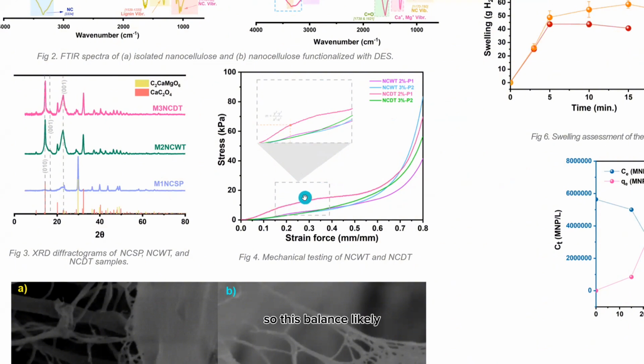So this balance likely comes from an optimal combination of increased crystallinity and the right amount of functionalizing agents. The foam at 2% shows a Young's modulus of 48.05 megapascals, indicating greater stiffness and mechanical strength compared to the other samples.